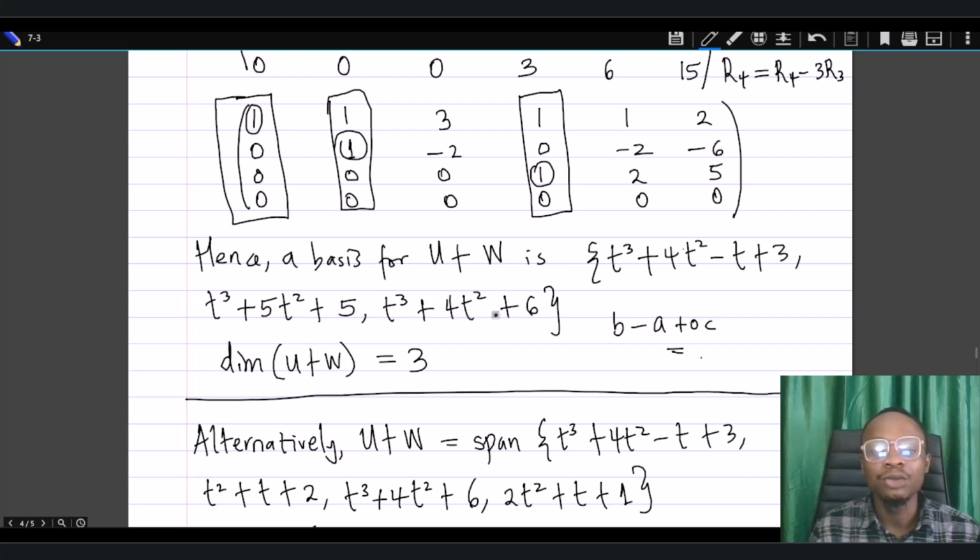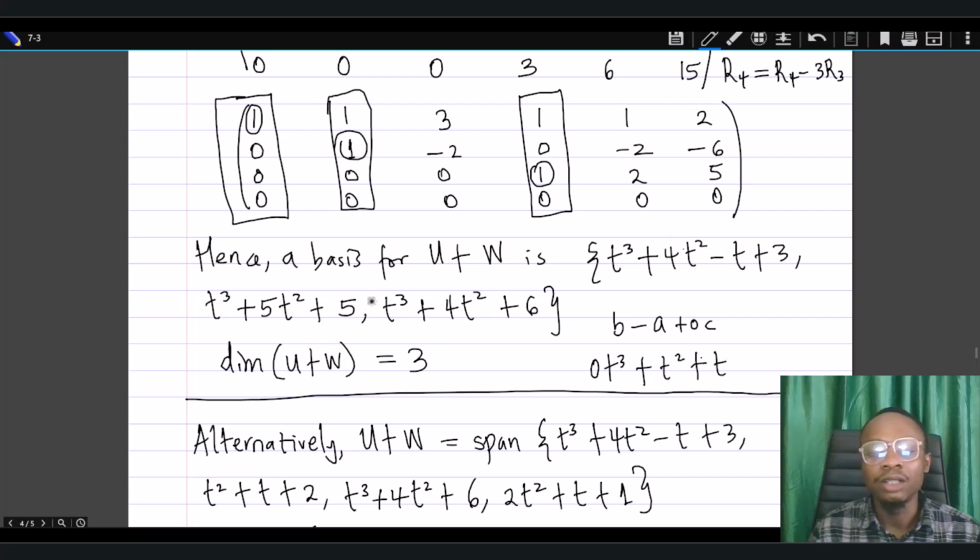If we do something like that, we'll see that for t cube, b minus a, that is t cube minus t cube, which will be 0 t cube. Then 5t squared minus 4t squared gives us plus 1t squared. Then this doesn't have t, so 0 minus minus t will be plus t.